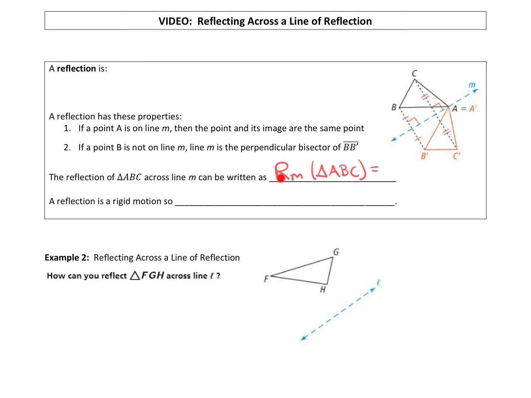So the reflection across line M of triangle ABC is equal to triangle A prime, B prime, C prime. A reflection is a rigid motion, so that means that the length and angle measures are preserved.